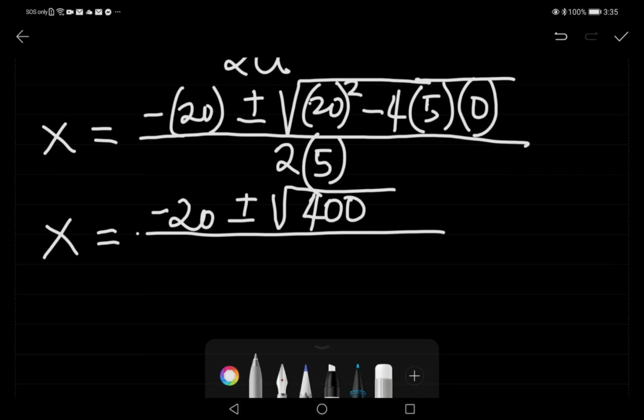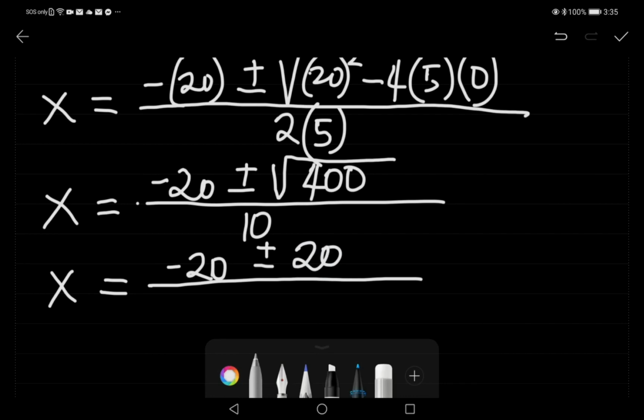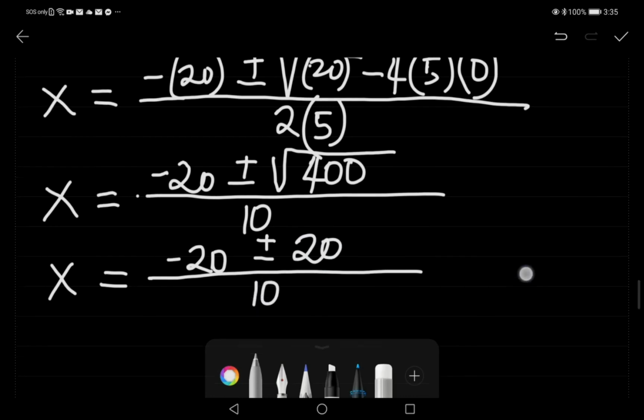Then over 2 times 5 is 10. So x equals negative 20 plus and minus square root of 400 is 20. Okay, 20 times 20, 400 man. Over 10.